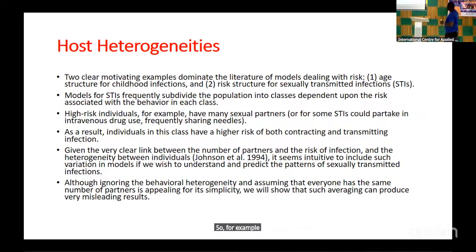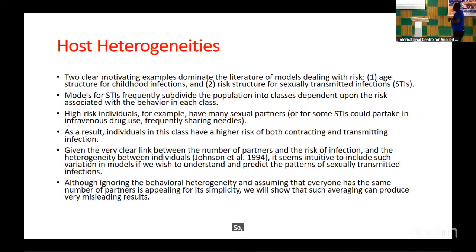Or for some STIs, high risk individuals partake in intravenous drug use, frequently sharing needles. As a result, individuals in this class have a higher risk of both contracting and transmitting infection.